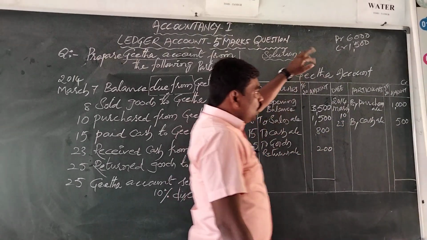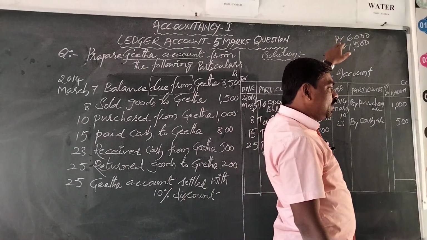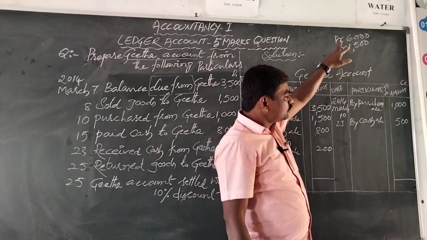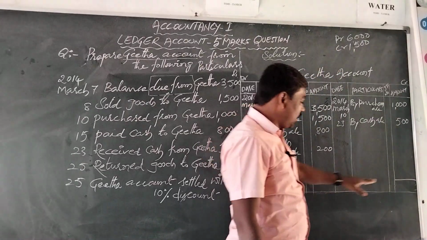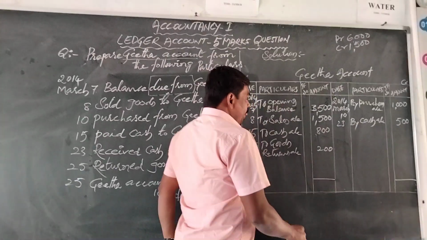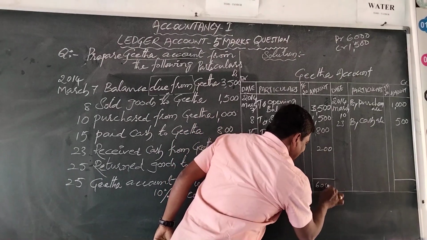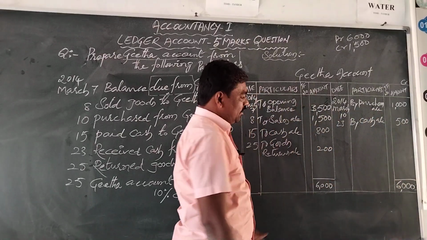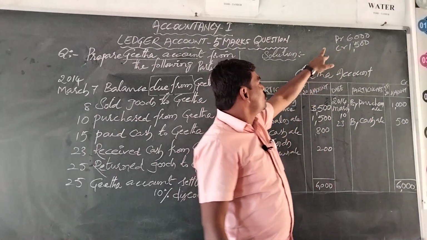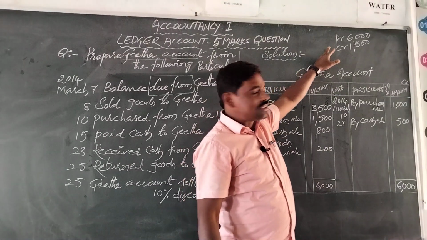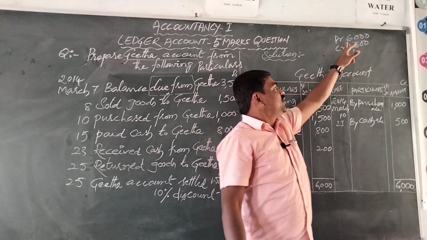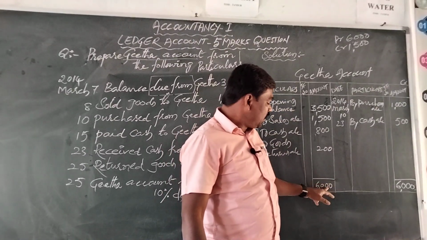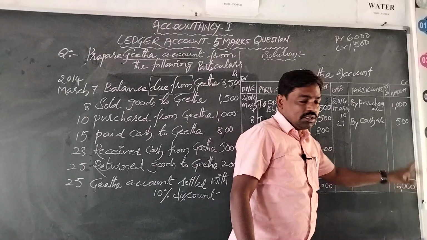If you observe the debit total and credit total of the Geeta account, whichever is higher can be taken as the total in the amount column of both sides. 6,000, 6,000. First you write that highest amount.